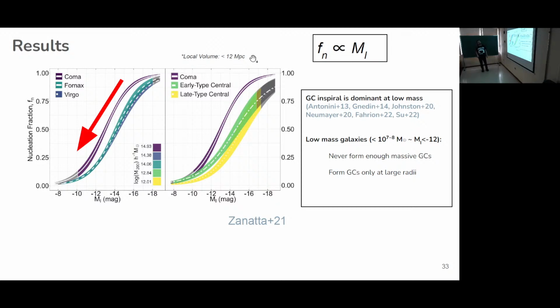And we join this to the fact that low mass galaxies might never form massive enough GCs, or form GCs only at large radii, because from the time that the GC starts to spiral towards the center of the galaxy, it needs to be massive enough to not dissipate on this path, or not take so much time to reach the center that we don't see it today as a nuclear star cluster.